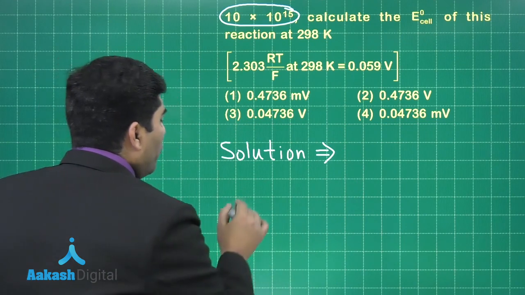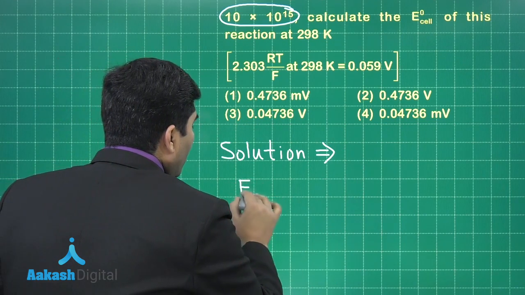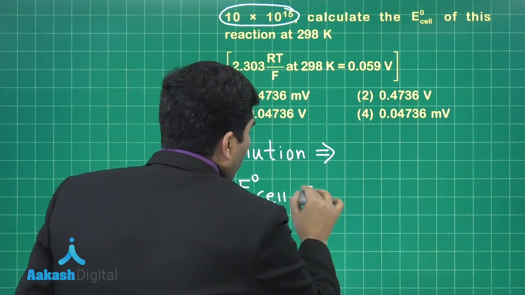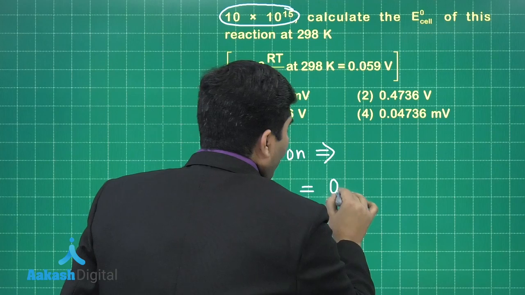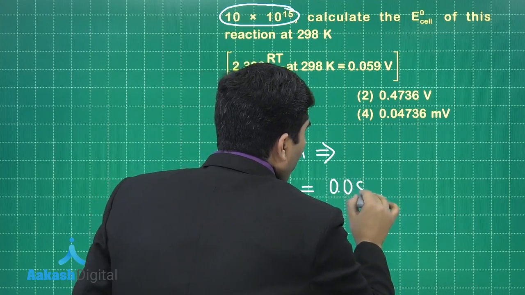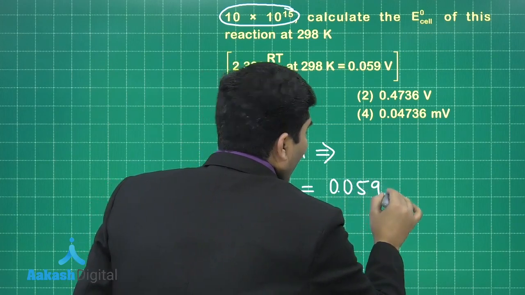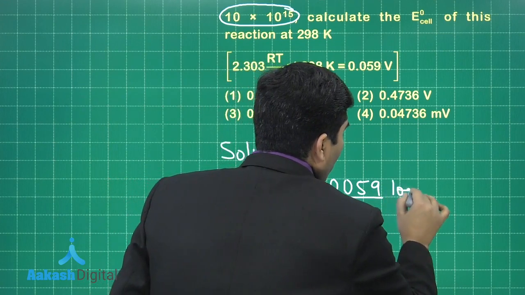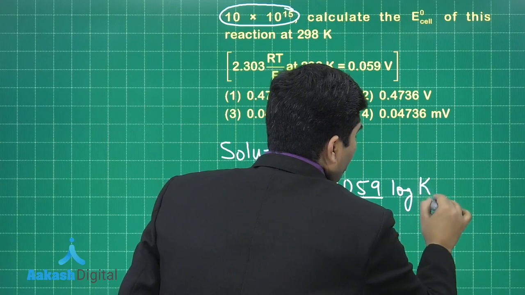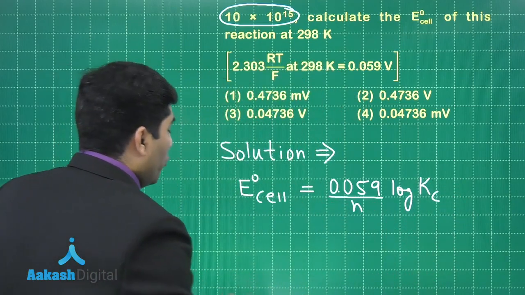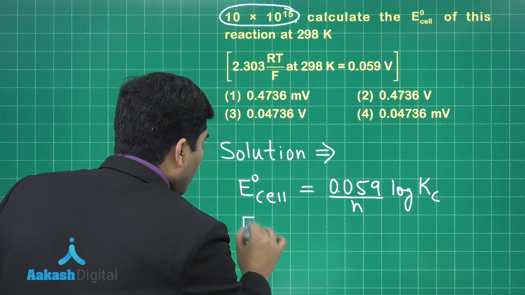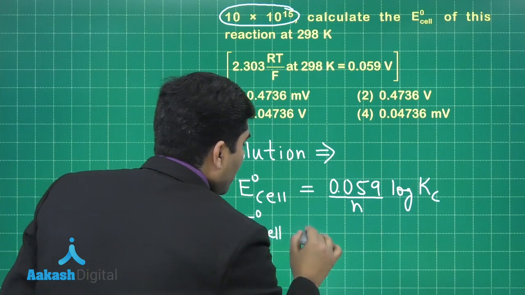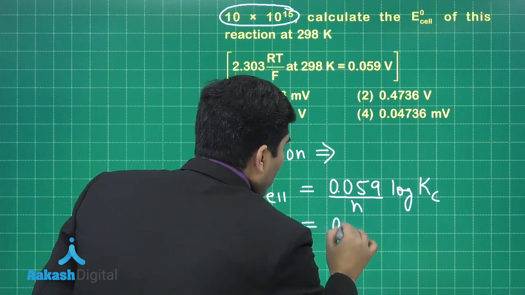So we can directly apply the formula: E naught cell is equal to 0.059 upon n log Kc. Right? So we have to find E naught cell.